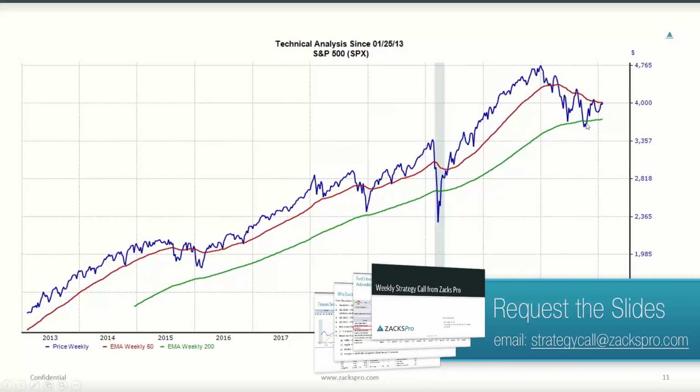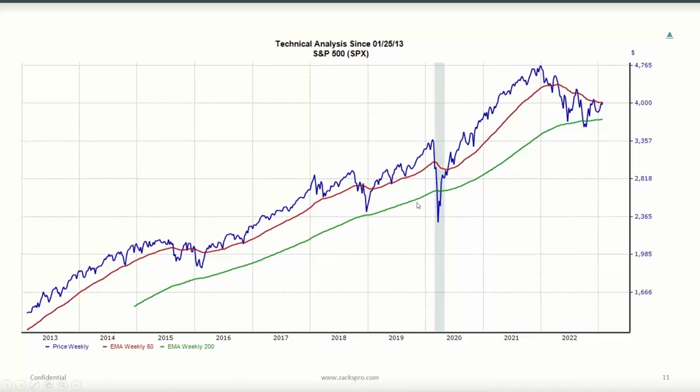This 200-week moving average, in my view, is very important for those of you who want to keep an eye on technicals. I'm personally watching this very, very closely because historically speaking, the 200-week moving average has been very, very solid support for the S&P and NASDAQ, dating back 40 plus years.